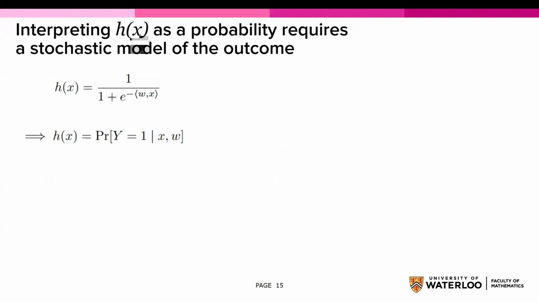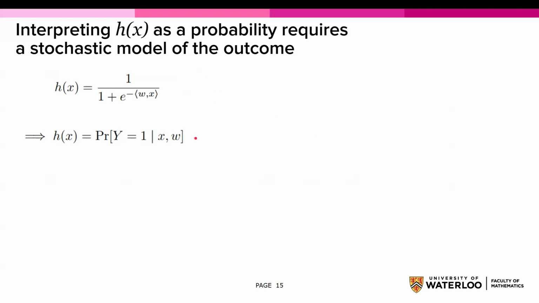So we said before that the logistic function allows us to model the probability that the label associated with a feature vector is 1. And so we interpret the output of the function as the probability that an observation will be labeled positive for a particular feature vector associated with the sample.